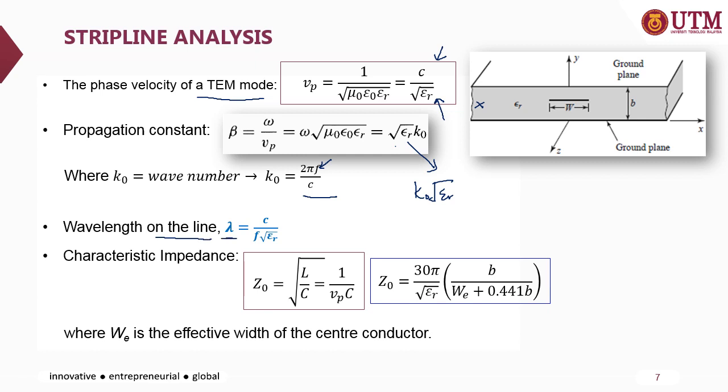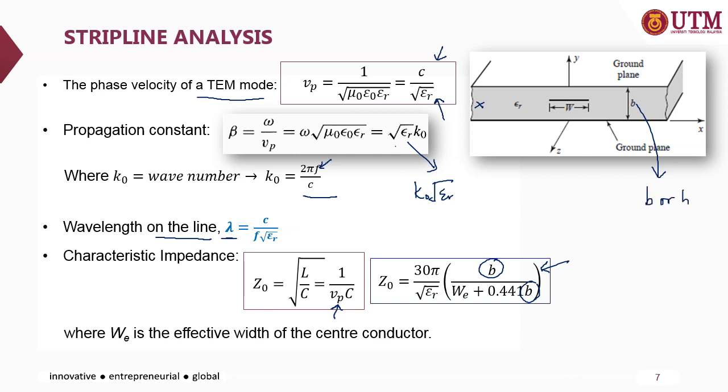The characteristic impedance Z0 equals 1 over Vp, the phase velocity, multiplied by the speed of light, and it can also be calculated by using this equation, which depends on B or H, the thickness of the structure.